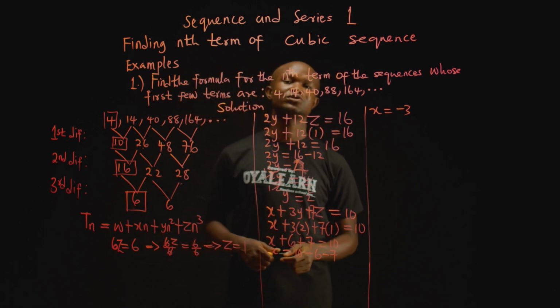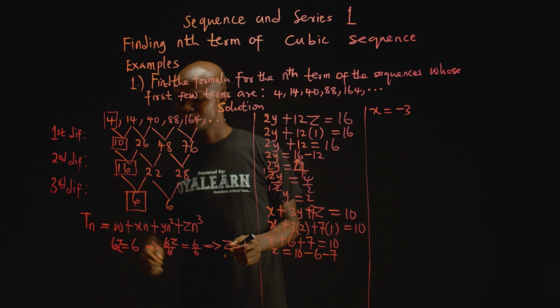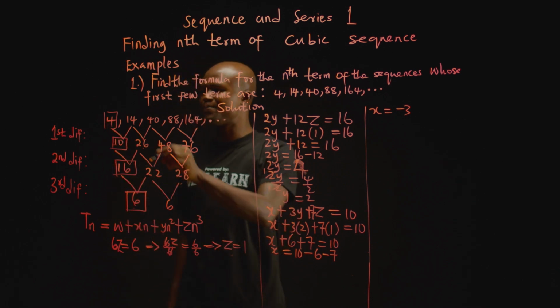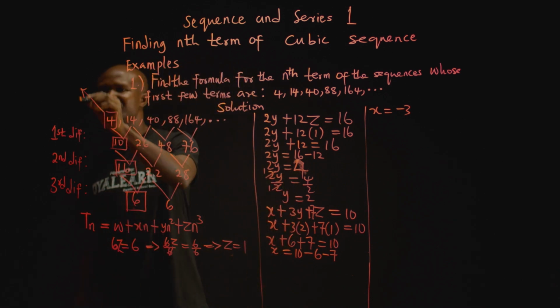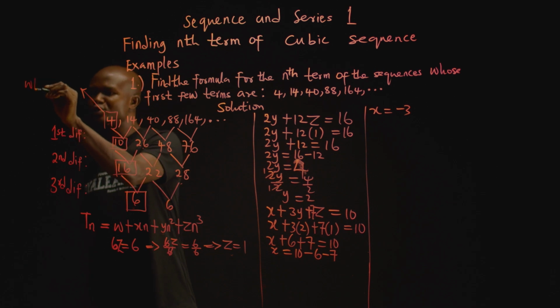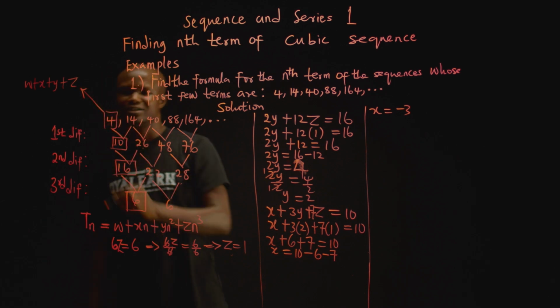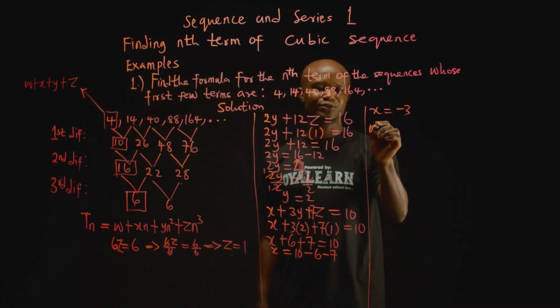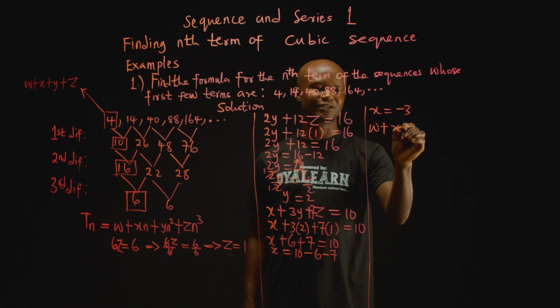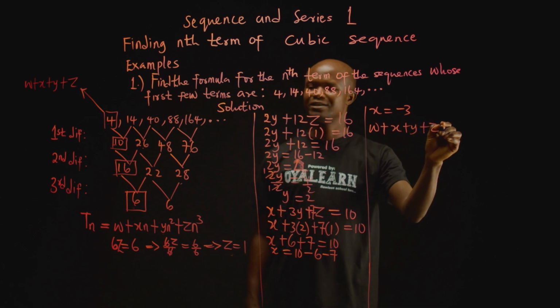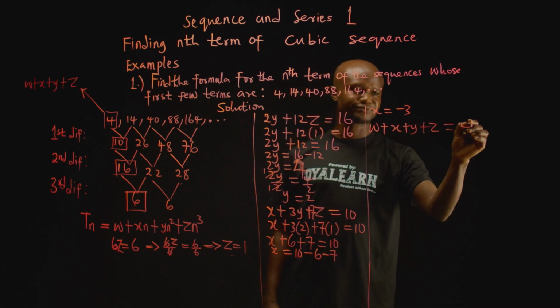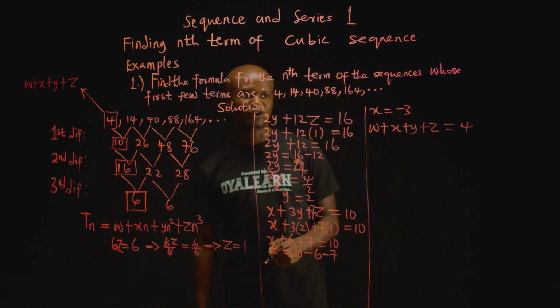We also need to get the value of w. So we know that the first term represents w plus x plus y plus z. So w plus x plus y plus z equals 4.